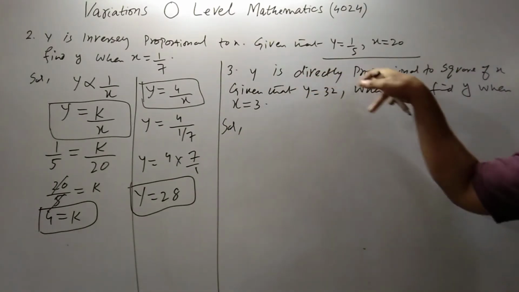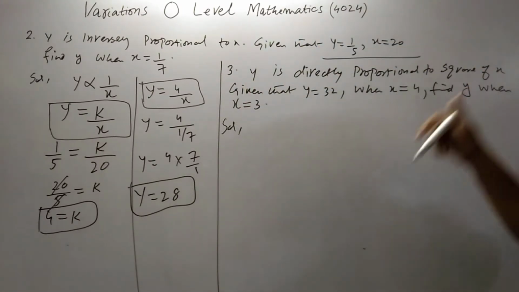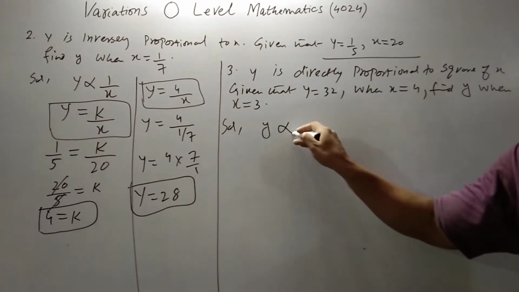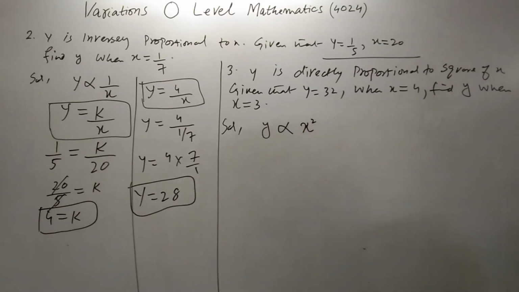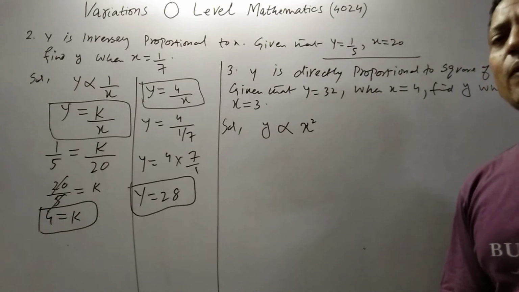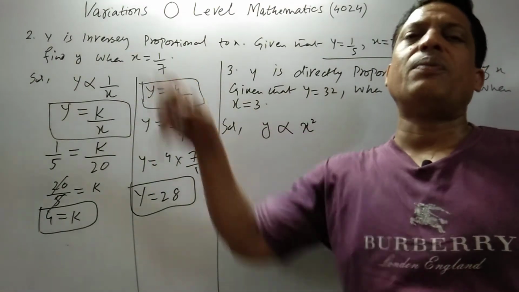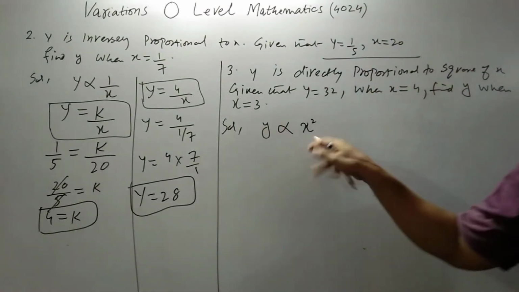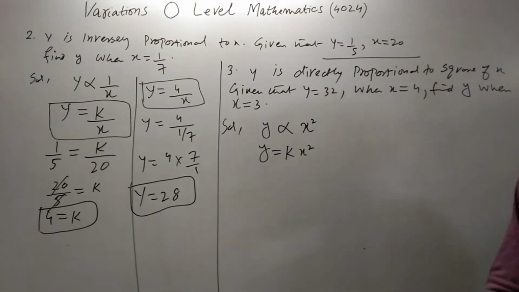Solution. What is the relation? The relation is directly proportional. Which two quantities? y and square of x. So y is directly proportional to the square of x. This is a direct relation, so no need to write 1 upon something, because 1 upon means inverse. This is direct. The second step is to write k x square.